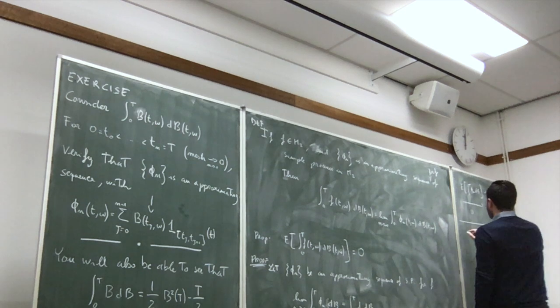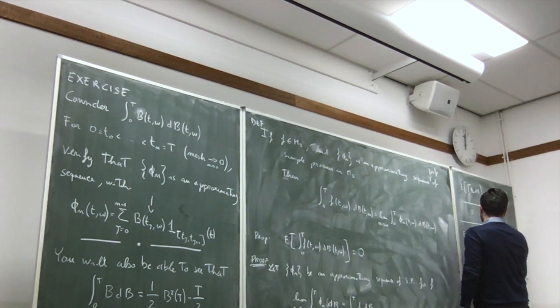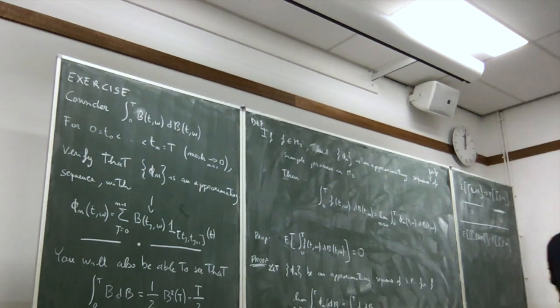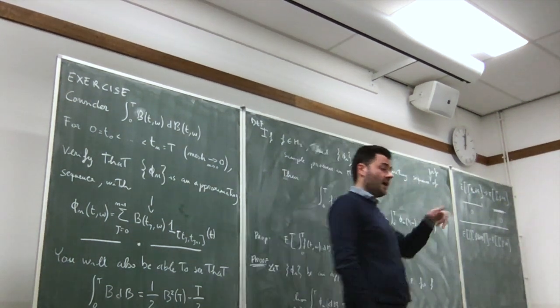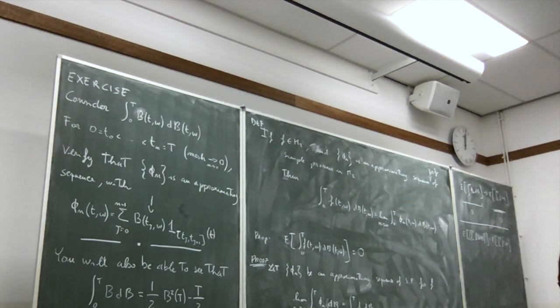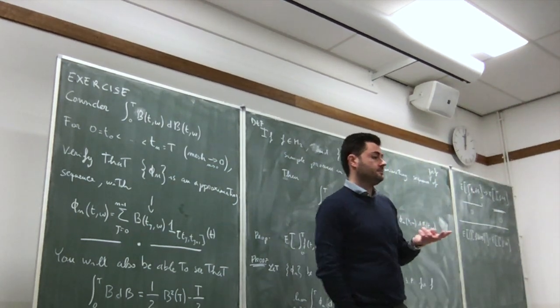The Ito isometry tells us that the expectation of the integral of f dB squared is equal to the expectation of the integral from 0 to t of f squared dt. So the same result that we had for the simple processes. And if you take two generic functions, f1 and f2, and you take the expectation of the product of their integrals, then the result is the expectation of the integral of their product.